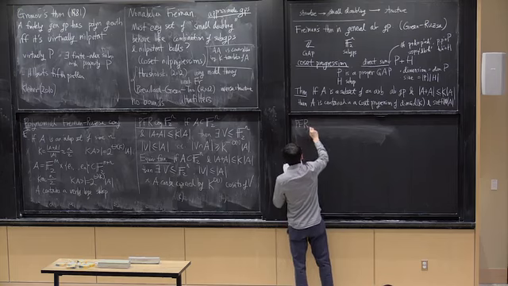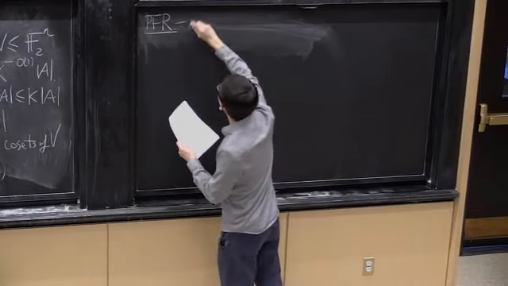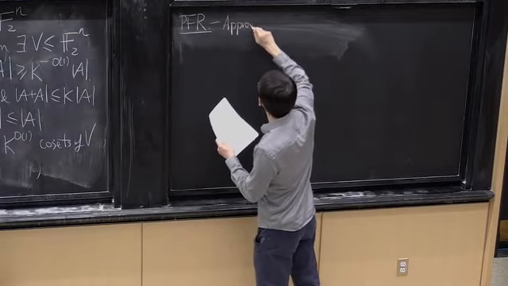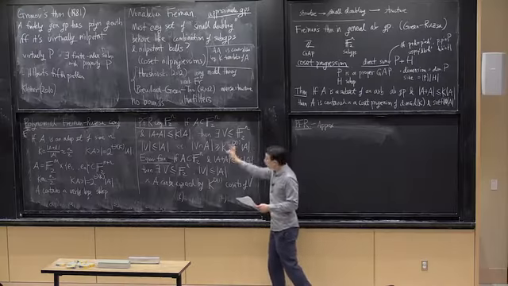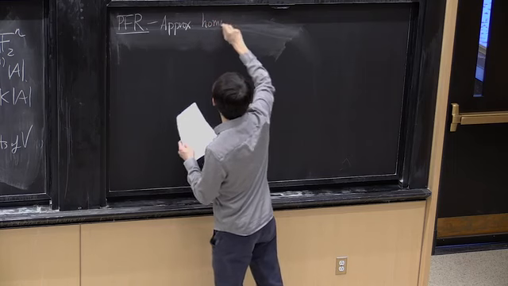Here's an equivalent formulation which is rather attractive, where instead of considering subsets, we formulate something that has to do with approximate homomorphisms.